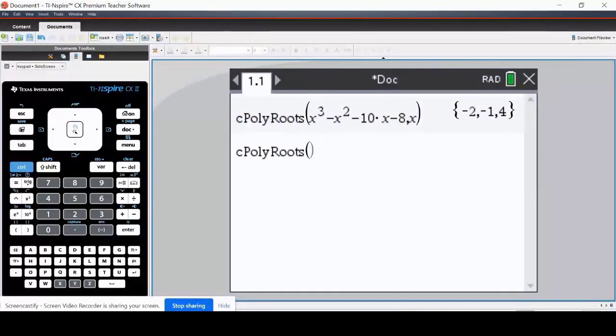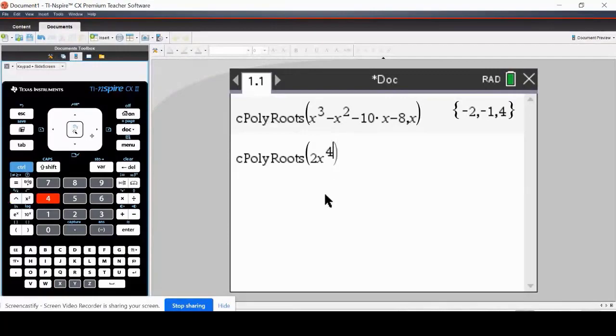And we type in our polynomial, which is 2x raised to the fourth, minus x raised to the third, plus 7x squared, minus 4x, minus 4, comma, and then we tell it the variable is x.